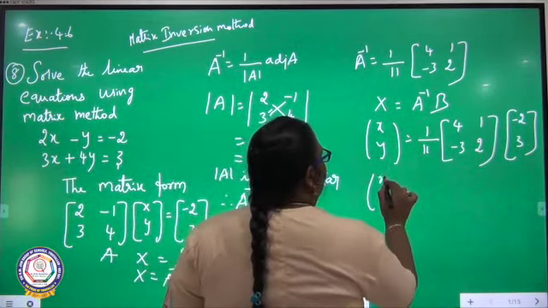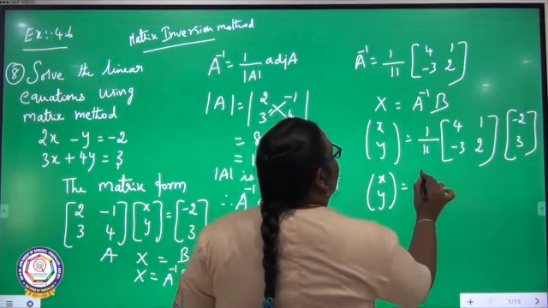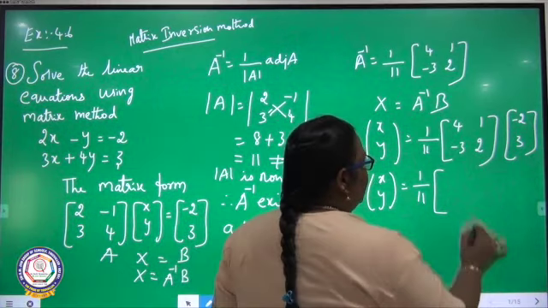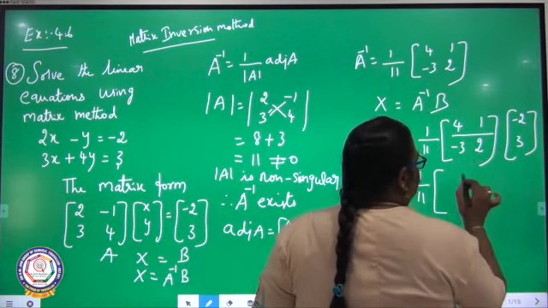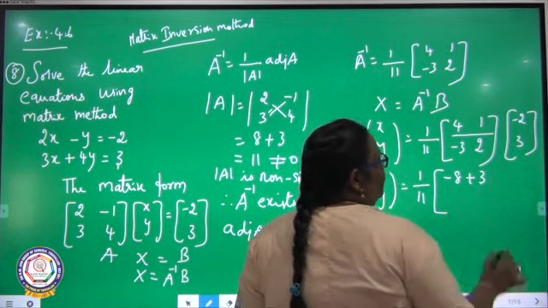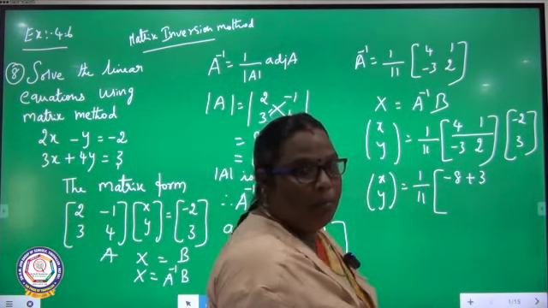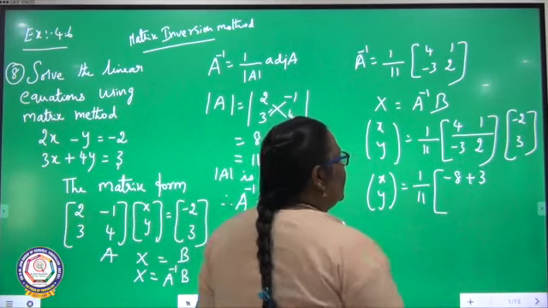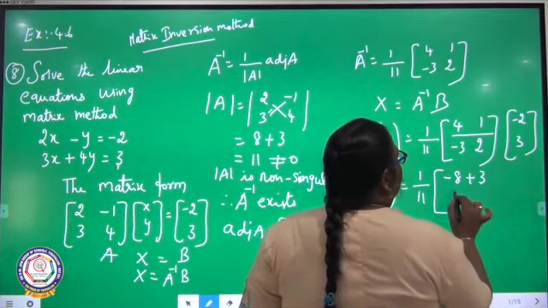So x, y equals 1 by 11. You can multiply this first. See here, 4 into minus 2 is minus 8, plus 3. Next, 3 2s are 6.